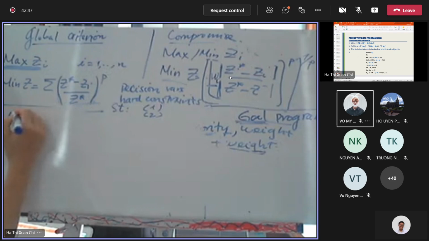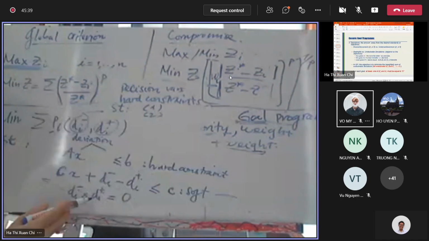So that is what we call a soft constraint. They have the form like this, and here that is the deviation. And D minus times D plus will be equal to 0. Equal to 0 means one of them equals 0 or both equal 0, right?